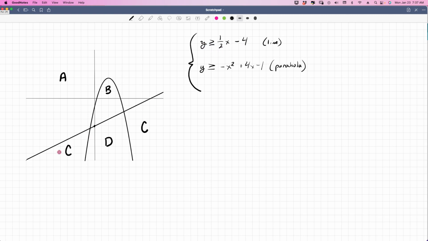And the equal to part is the line. So you draw a solid line whenever you identify which section of the graph meets these qualifications or these characteristics. And this says y is greater than or equal to the line.